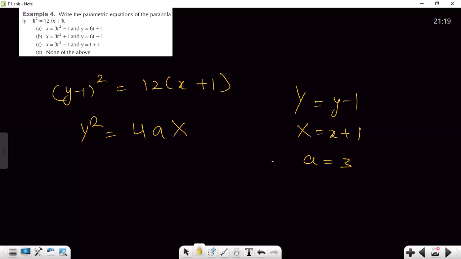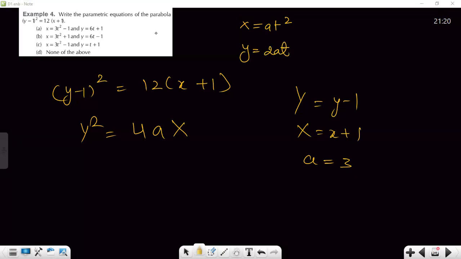Okay, if that is so, then we know that the x coordinate is equals to at square, what we have just discussed in the parametric form. Whenever Y square is equal to 4aX is the scenario, X is equals to at square and Y is equals to 2at. What is X here?